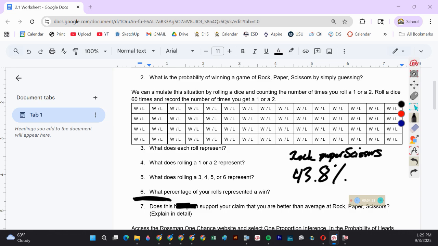Okay. So, can you use this number to decide if that number is correct? Or, sorry, let me say that again. Can we use our answer for number 6 to determine if you are better than average?